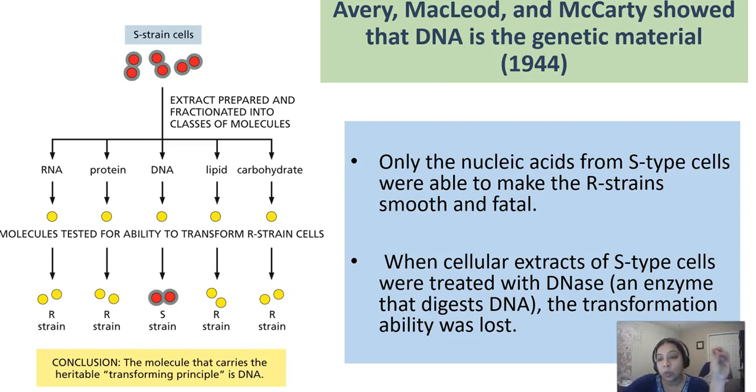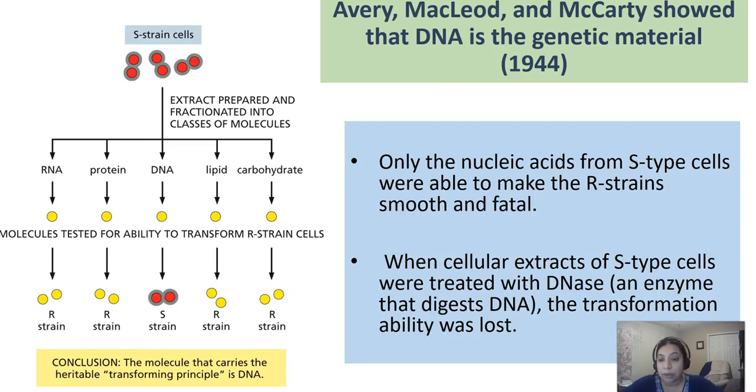And then they took each one of these fractions, and they mixed them with the R strain of bacteria to see which one of these fractions was able to transform the R strain into the smooth fatal strain of bacteria.